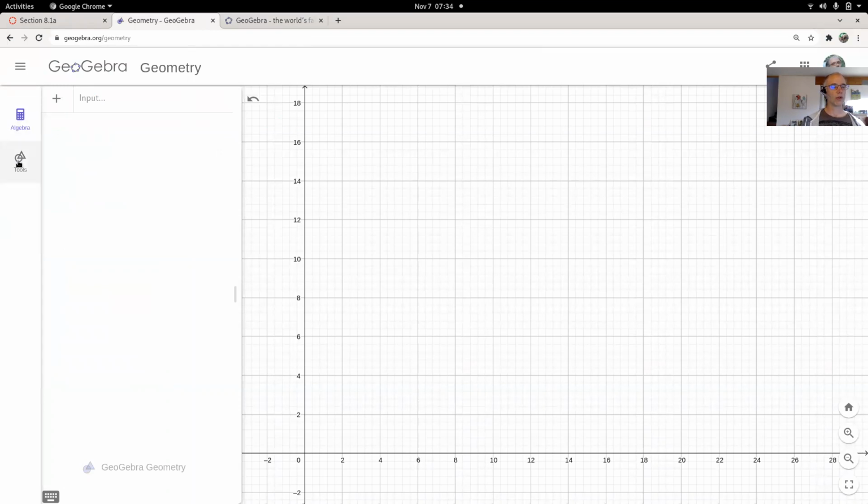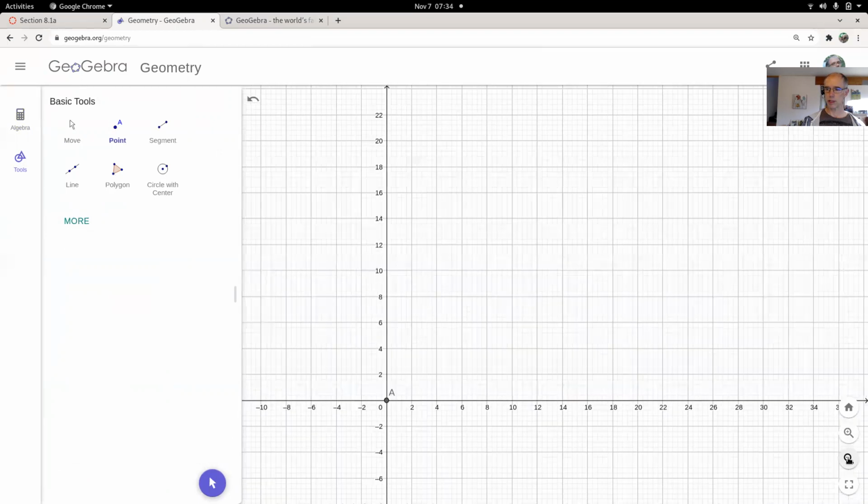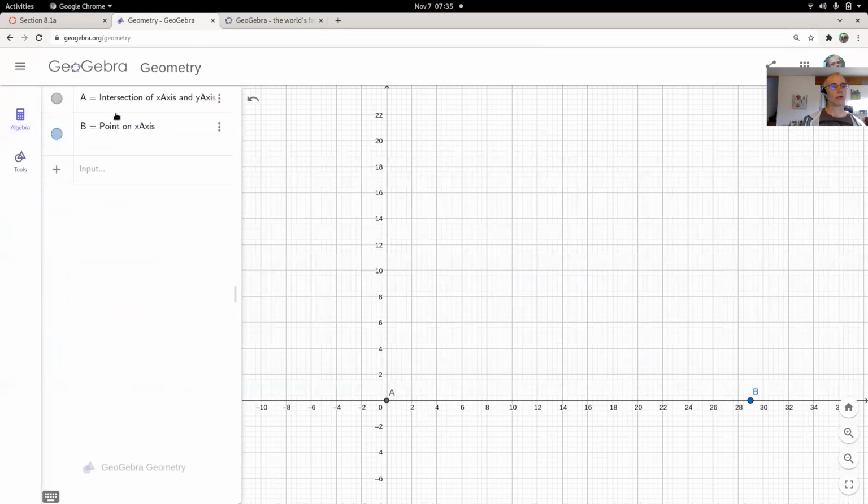I'm going to go over to tools here, and we're going to need more tools in a moment, but we'll start off with a couple of points. So I'm going to want a point at the origin, and then I'm going to want a point elsewhere. Let's go out to, what was the other one? 29. I guess I need to zoom out again. So 29. And then the algebra panel shows the points that you made.